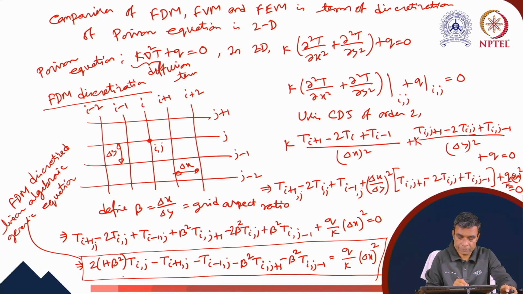If we note, there are 5 terms in the left hand side, 5 temperatures. The coefficient of each temperature, they will give us one diagonal. So it means that in this case we shall get a pentadiagonal matrix equation system as opposed to the tridiagonal matrix equation system in one dimension.